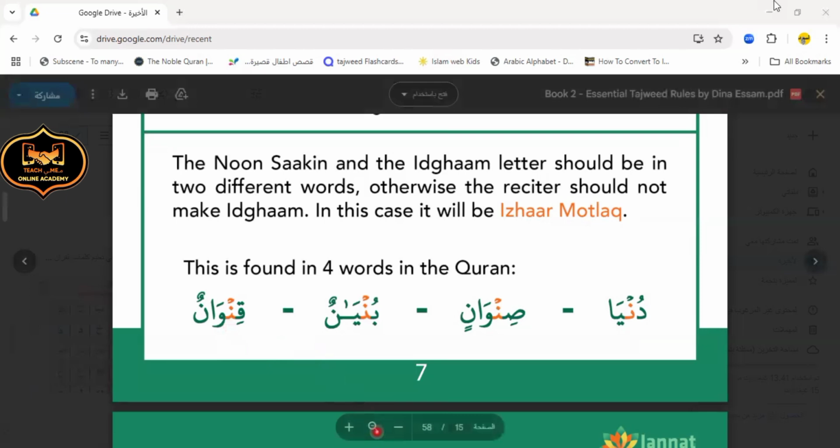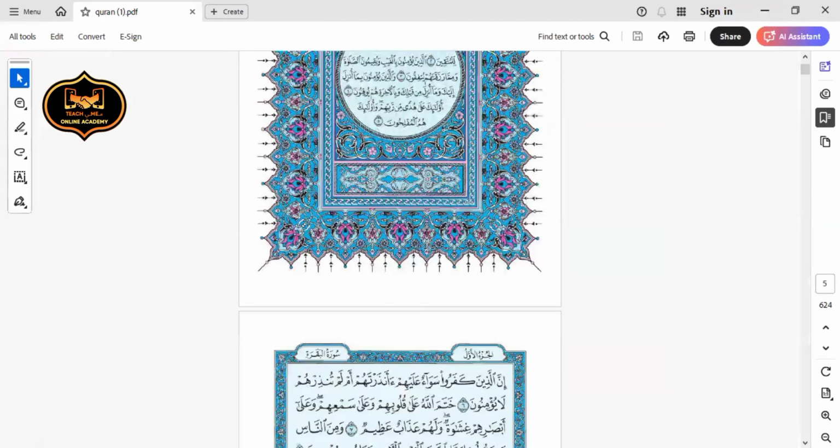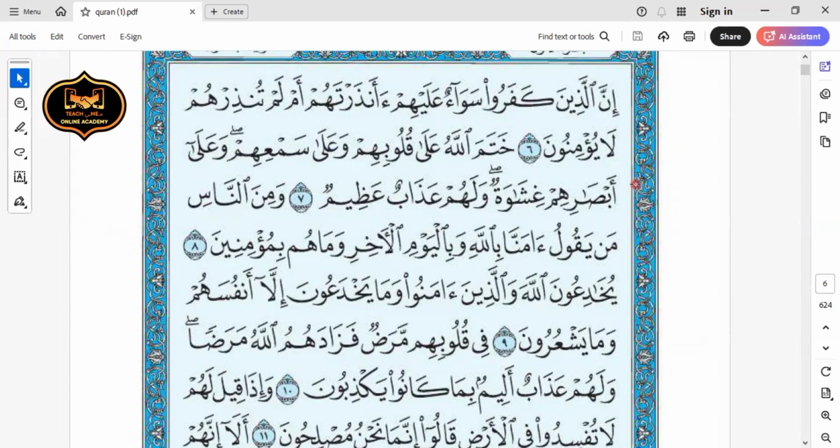Okay, the last thing before we end the class: let's open the mushaf and catch some words with idgham. We said before that we should do this step with the student all the time after we explain the rule, because we want to make sure the student understands, can practice, and masters the rule.